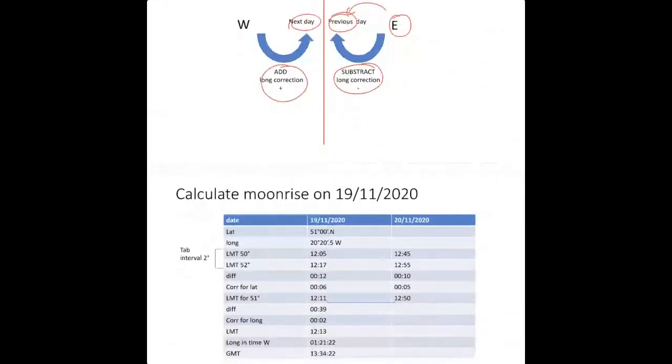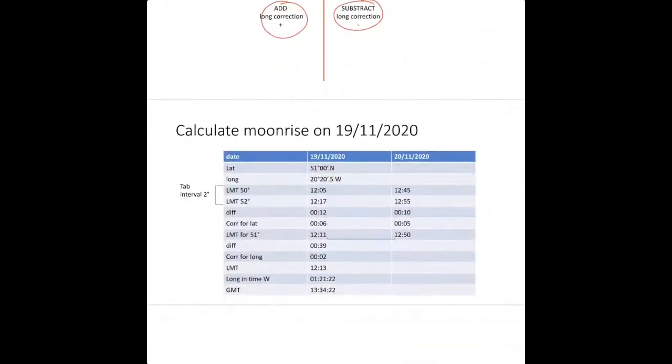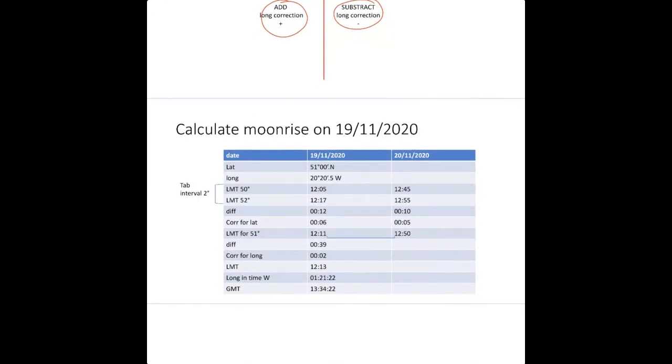So maybe it's easier if I explain this to you with an exercise. Calculating moonrise and moonset on the 19th of November 2020 at a latitude of 51 degrees and a longitude of 20 degrees 20.5.